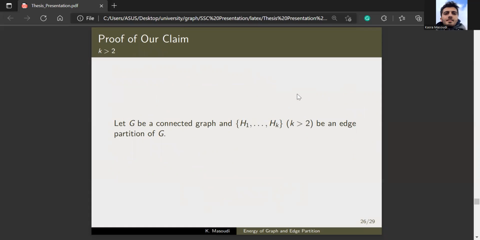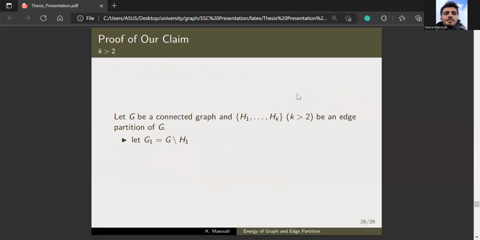Now we are going to prove it for K greater than 2. Let G be a connected graph and H1 to Hk be an H partition of G. Let G1 be the graph G without H1. In other words, G1 is the union of H2 to Hk. H1 and G1 is an H partition.